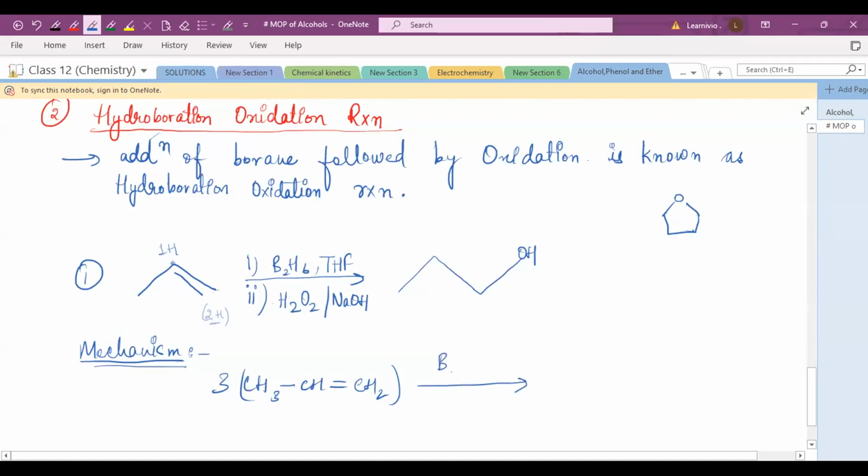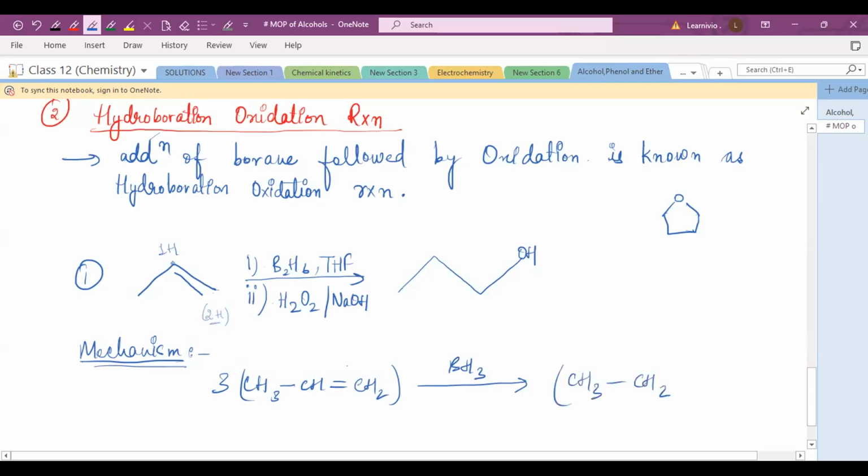When you apply B2H6, और आप BH3 भी ले सकते हो, no issue, diborane or BH3 you can write. So what will happen? यहाँ पे क्या होगा? It will form a complex over here.